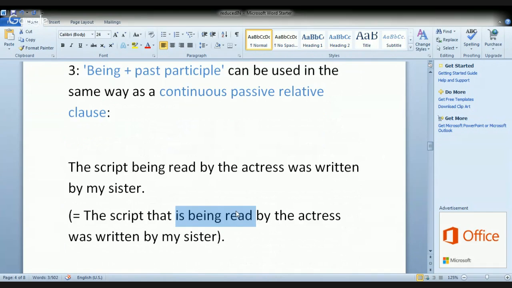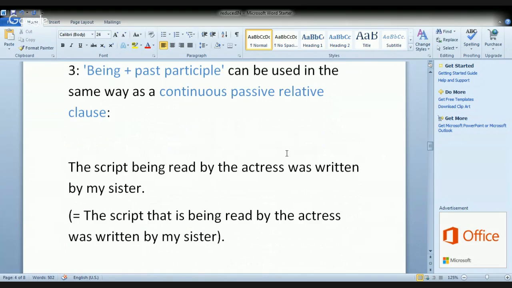We have is being read as the present continuous passive, and then we have was written as simple passive. Okay, and so the main important thing here is that the script is being read. Okay, so an actress is reading a script, and that script was written by someone's sister. Not my sister, but someone's sister.